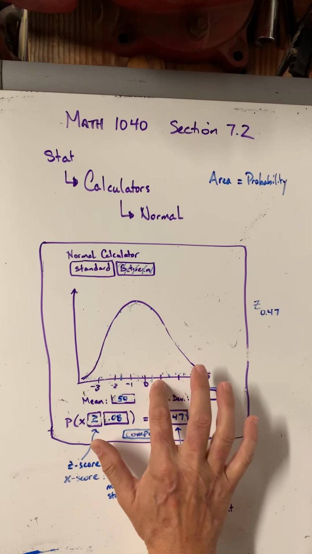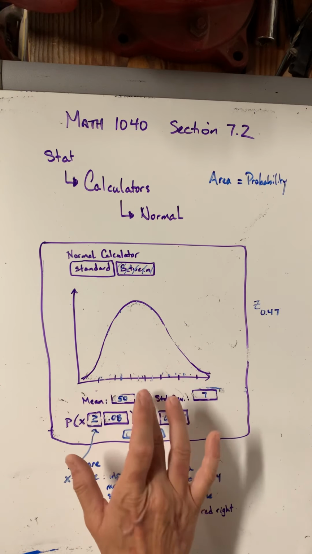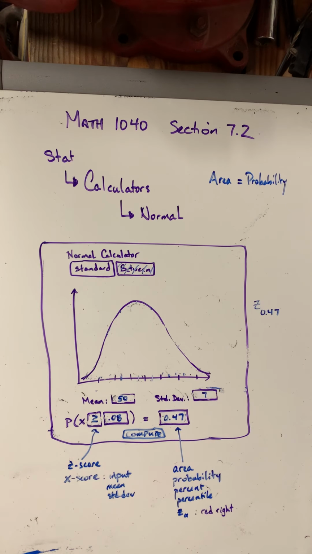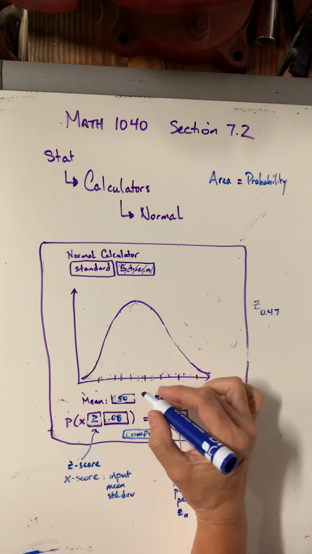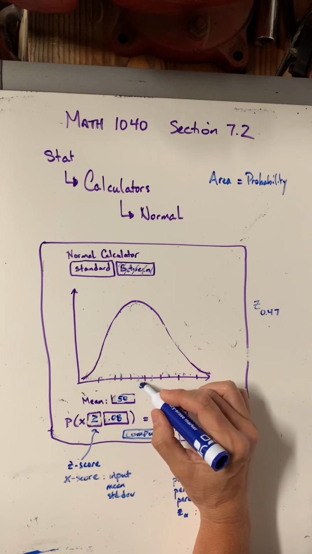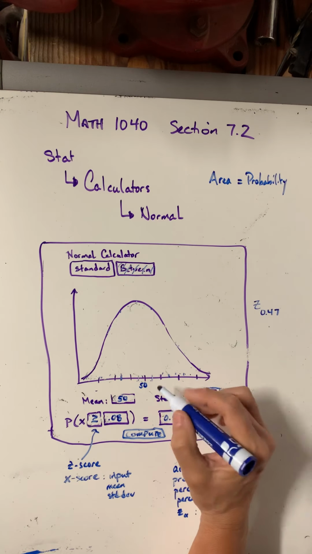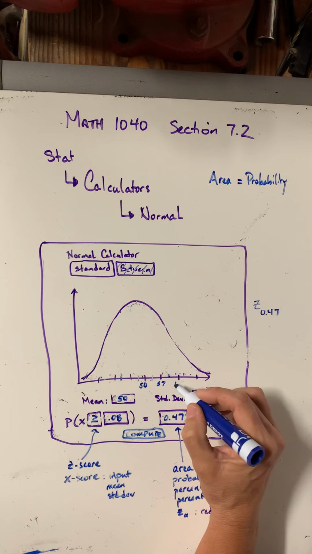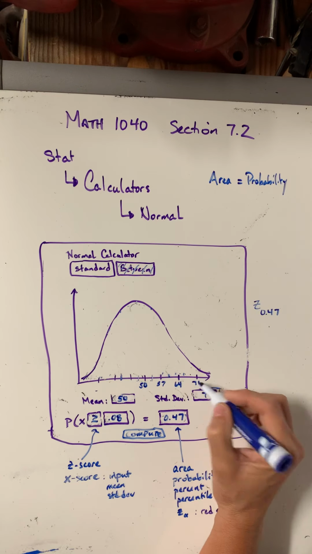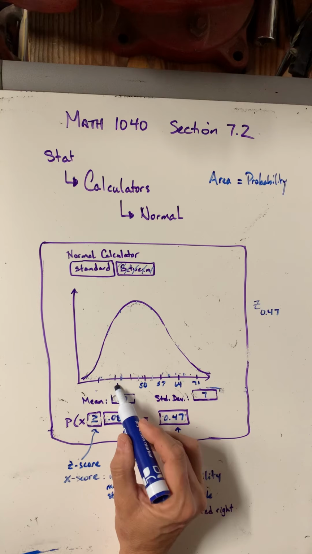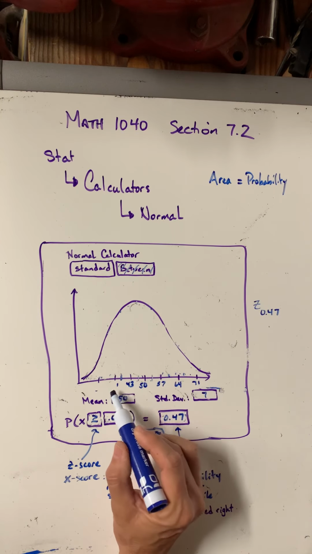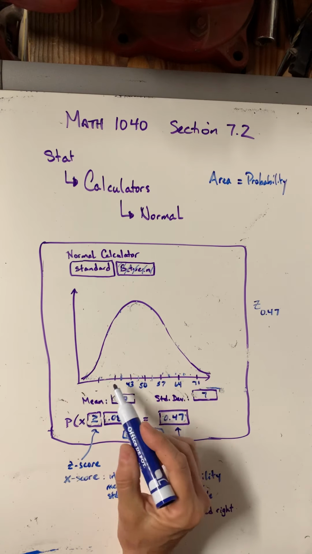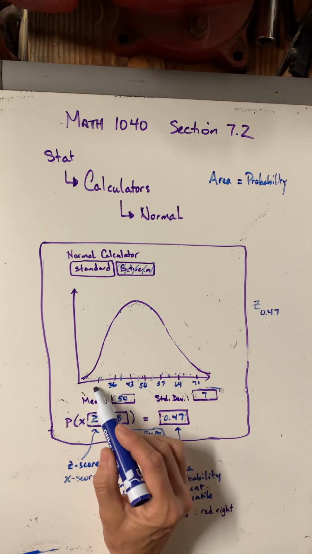So what happens is once I'm no longer in z-scores, those aren't going to be 0, 1, 2, 3 anymore. They're going to be 50, and then if my standard deviation is 7, then this is going to be 57, 64, 71, right? 43 minus 7 is 36, and then 29.